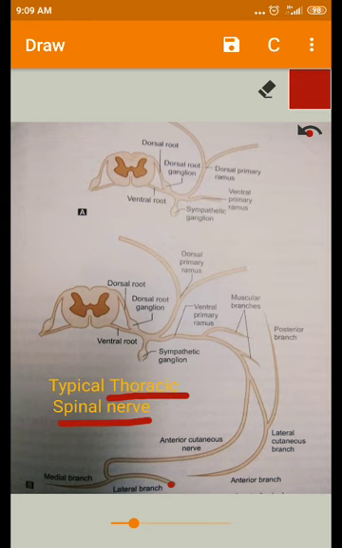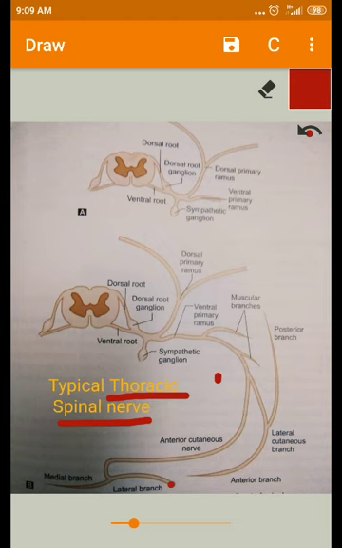Out of 12 thoracic spinal nerves, the upper 3 nerves form some connections with the upper limb and also supply some part of the upper limb, whereas the last 5 thoracic spinal nerves, from the 7th, supply not only the thoracic region but also the abdominal region.